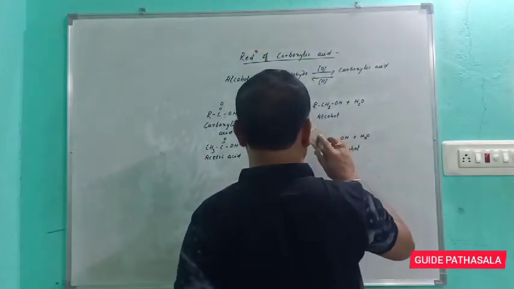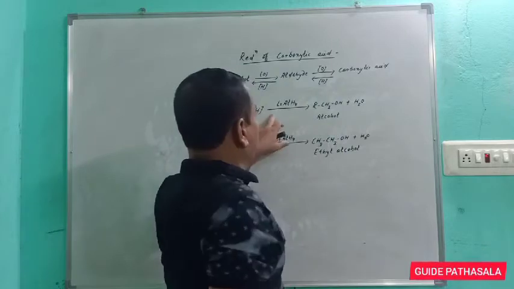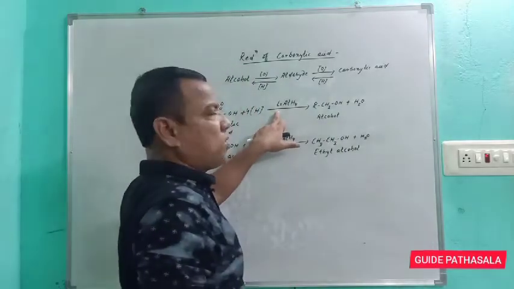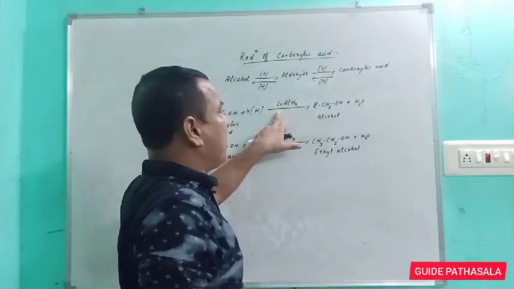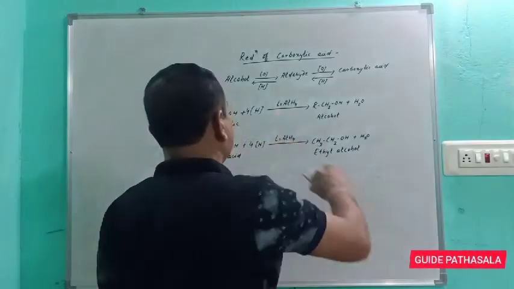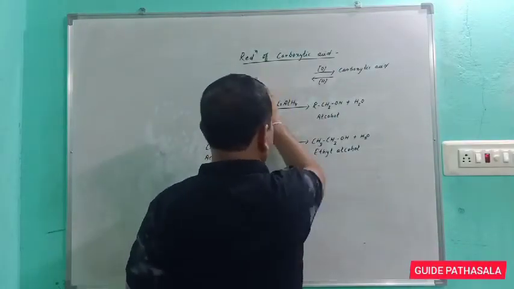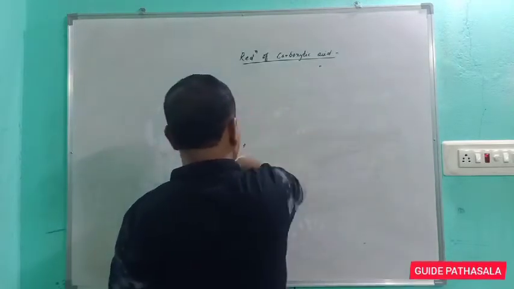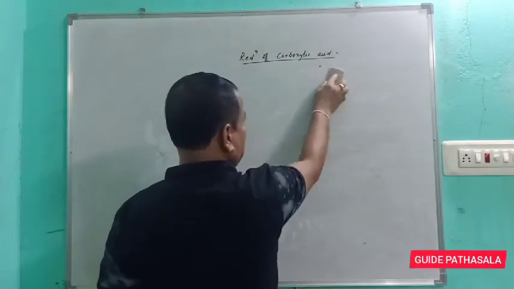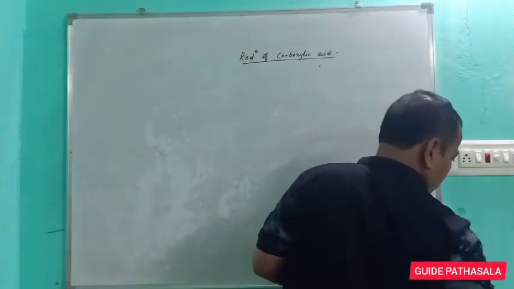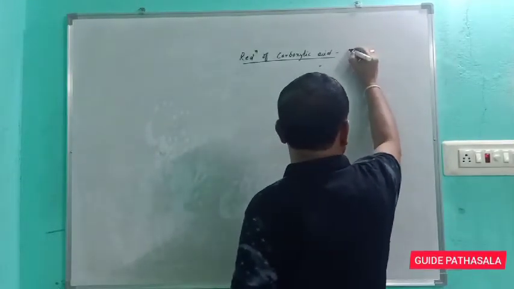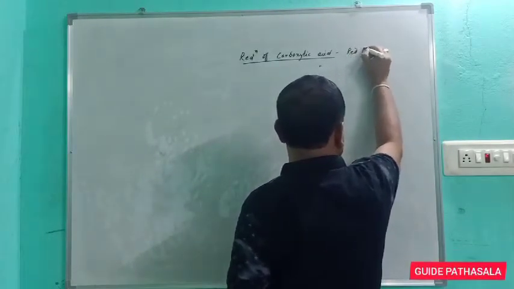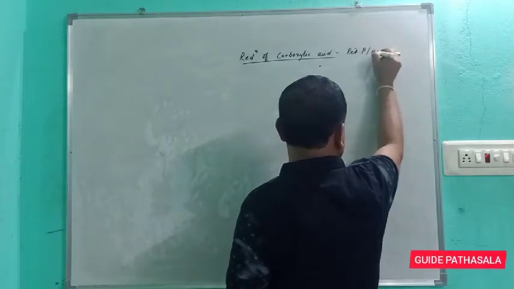Then reduction of carboxylic acid in presence of a strong reducing agent like lithium aluminum hydride. Then reduction in presence of red phosphorus and HI.